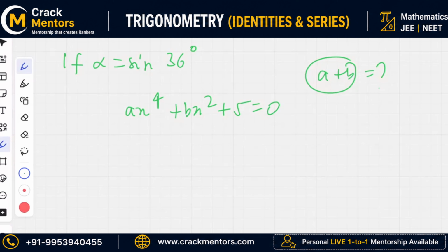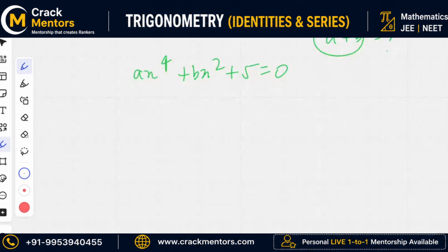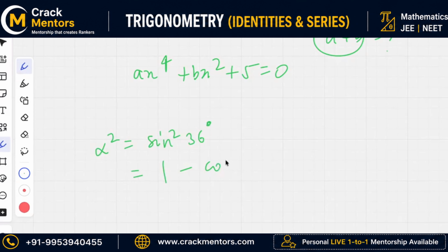So I will show you a very good way to form the equation, or not form the equation exactly, to basically use the remainder or division of polynomial method in this question. Let's square this. We know the value of sine 36. Can I write this as 1 minus cos square 36 degrees?